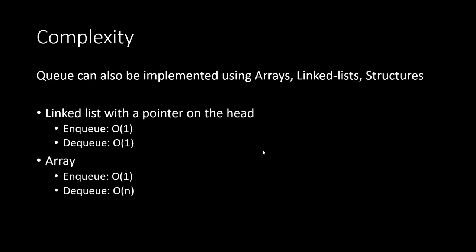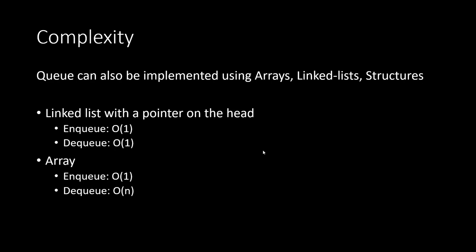The reason is that when we perform the dequeue operation, we don't just remove the element, we also try to adjust the order so that order is maintained. And to adjust the order, we really need to traverse the elements, and hence we are saying that dequeue takes O(n).